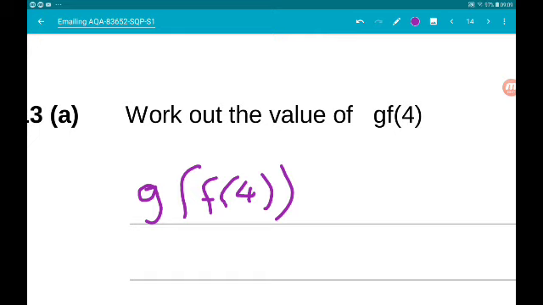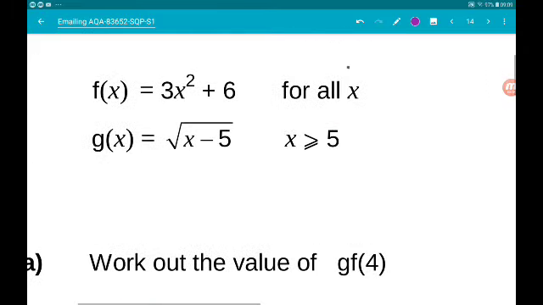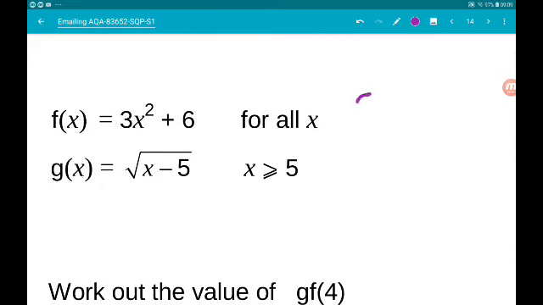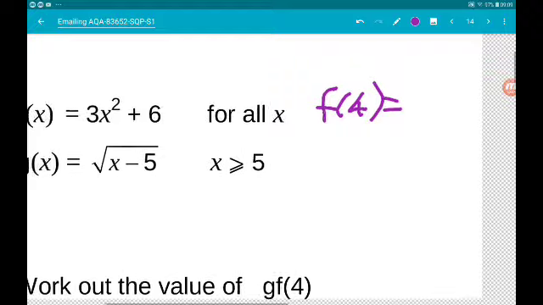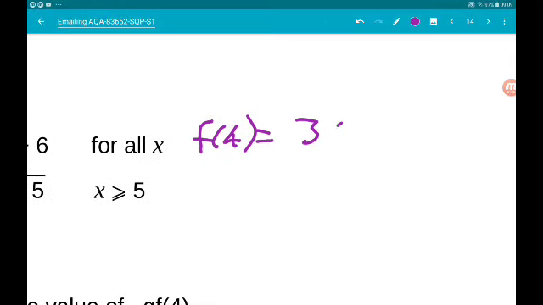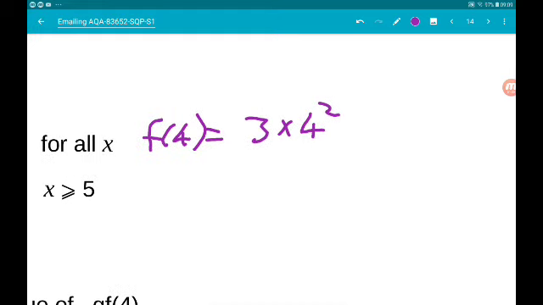So if we first of all find f of 4, well, we get 3 times 4 squared, add 6. 4 squared is 16. 3 times 16 is 48. 48 add 6 is 54.